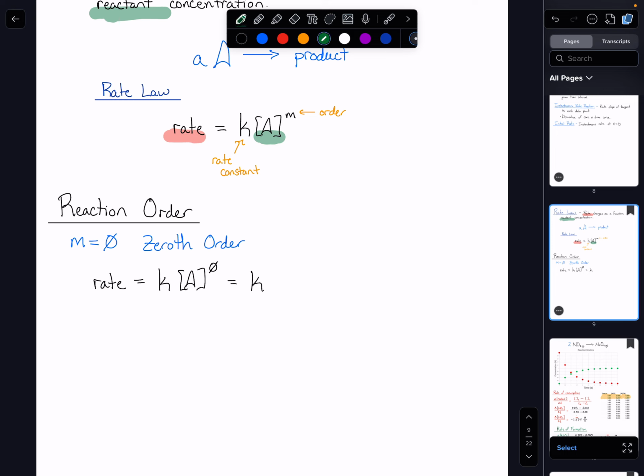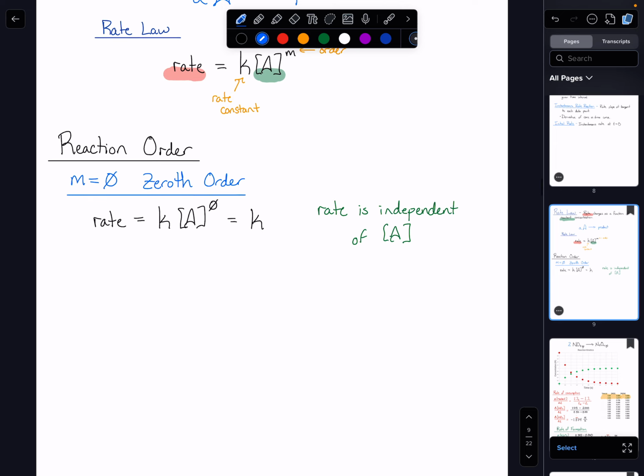So for a zeroth order reaction, we note the rate is independent of the concentration of A. Okay, so m equals 0, that's one bucket here.